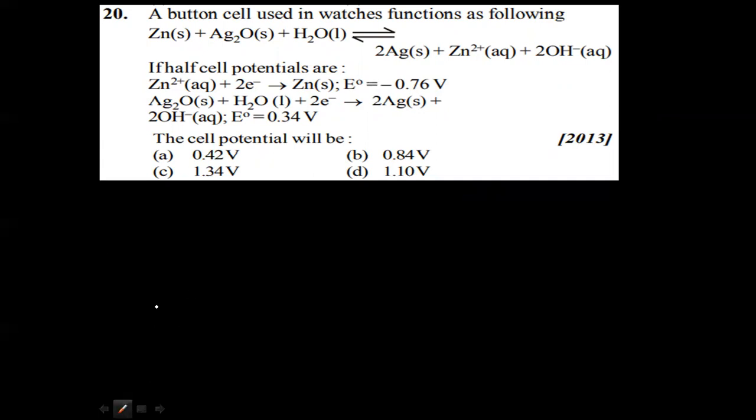So how can we find out the cell potential? We can use the formula E naught cell equals E naught of cathode minus E naught of anode.